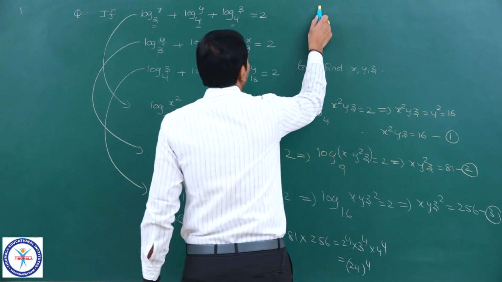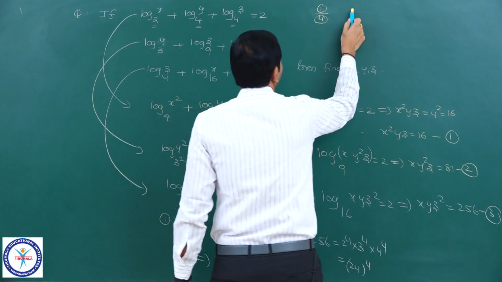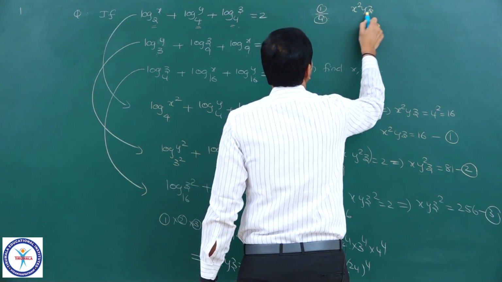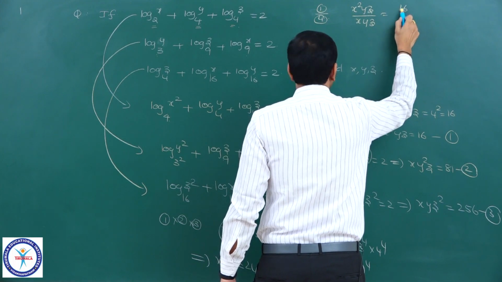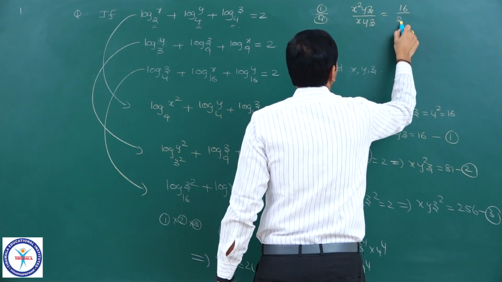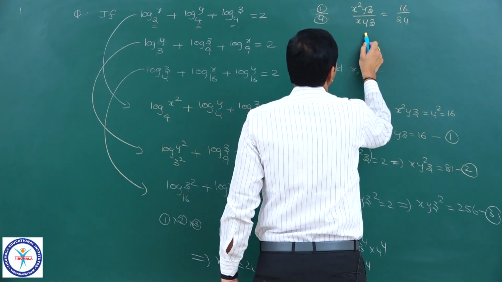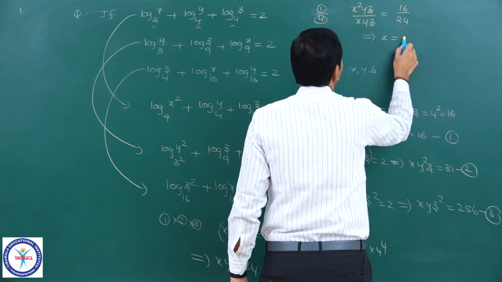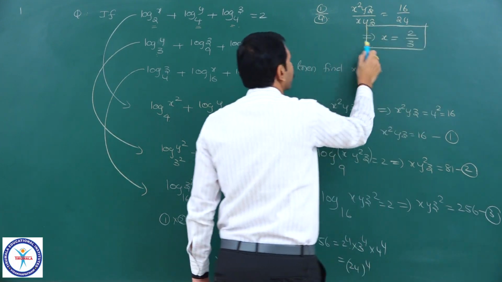Therefore, what I will do is, see, 1 by 4. x square yz by xyz is equal to 16 by 24. xyz cancel, that implies x is equal to 8 by 12, 2 by 3. This is the value of x.